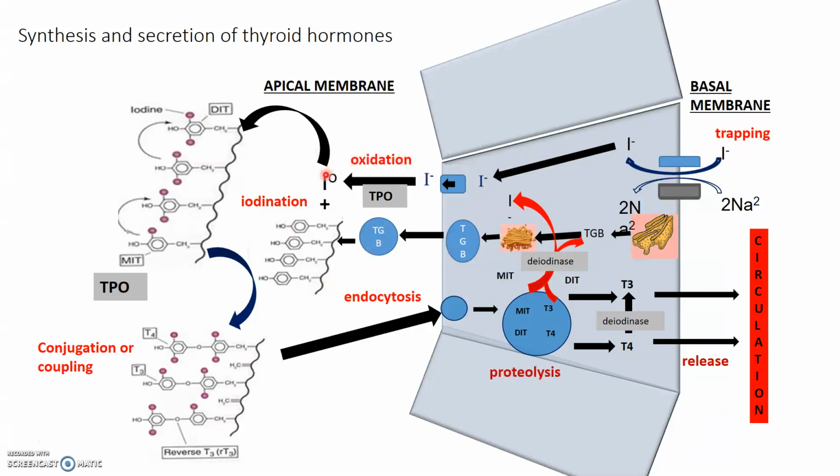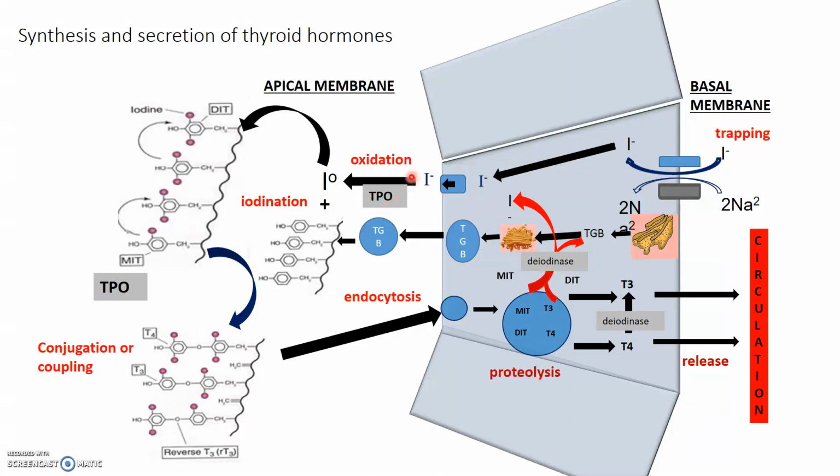They must be converted to the atom form of iodine. There is an enzyme called thyroid peroxidase. This thyroid peroxidase will oxidize this I minus to an I atom in the follicular lumen, and this reaction requires hydrogen peroxide, which is provided by another apical membrane protein called dual oxidase 2, also abbreviated as DUOX2, which is not visualized here.